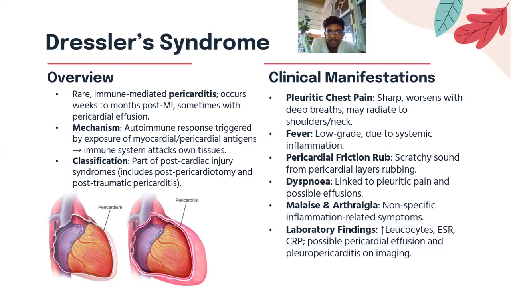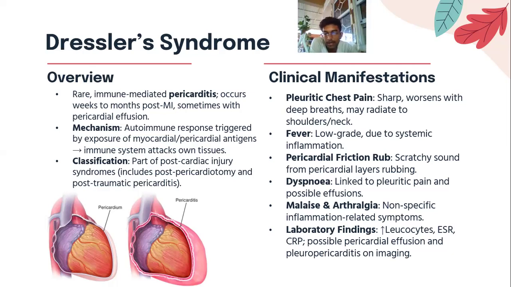Now for the clinical manifestations. The hallmark symptoms of Dressler syndrome include pleuritic chest pain, and that can be described as sharp pleuritic, meaning worsened with deep breathing, and sometimes radiating to the shoulders or neck, indicative of pericardial inflammation.